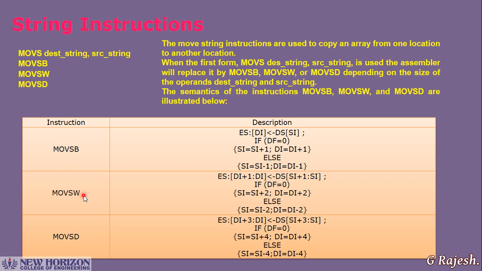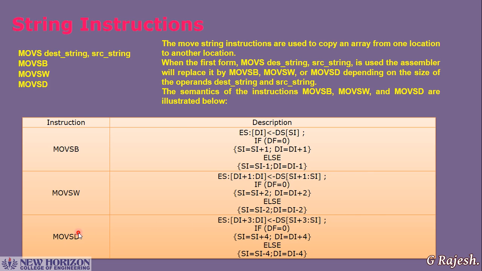If it is MOVSW, a word consists of 2 bytes. So if the direction flag is 0, SI will be incremented by 2 and DI will be incremented by 2, and conversely, if DF is 1, SI will be decremented by 2 and DI will also be decremented by 2.